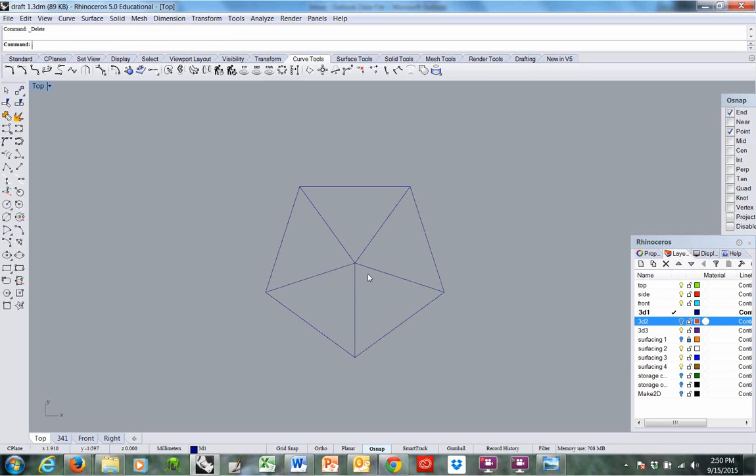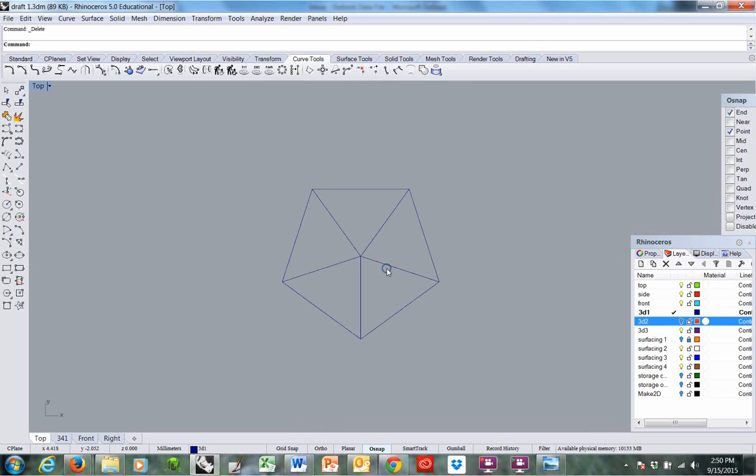And now I've drawn the top view. I picked the top view because it had the most important information for me, the shape and division of planes.